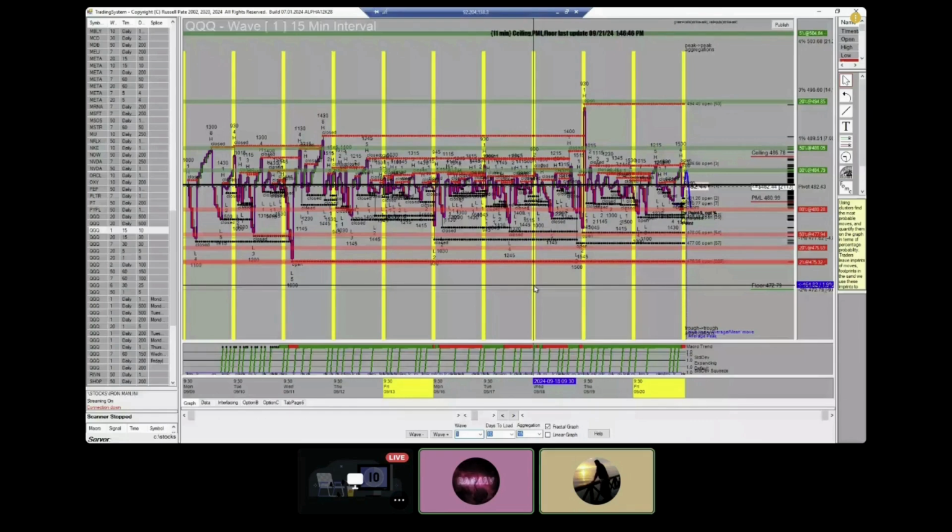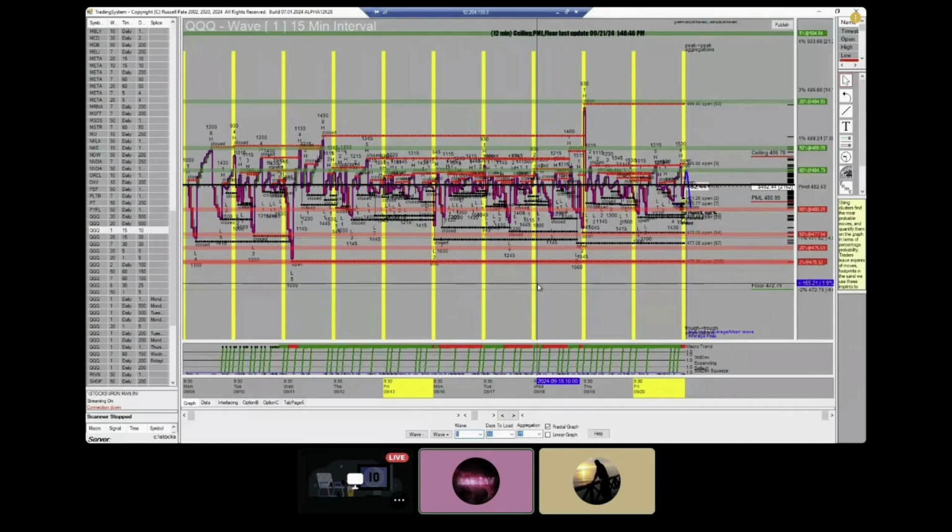So the lower the number of waves, you will see more movement below or above the pivot. The higher the number of waves, you would see fewer moves below or above the pivot.